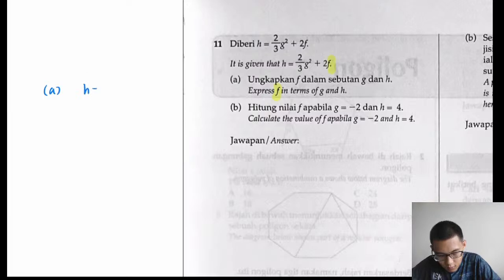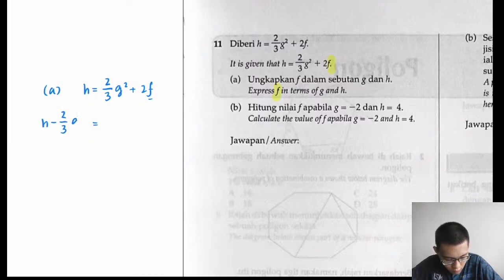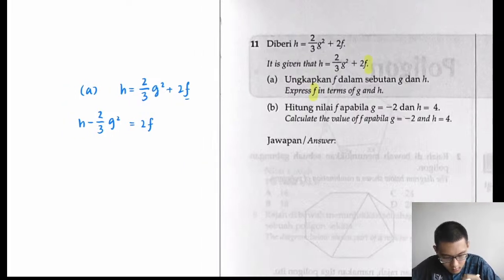So firstly, we write down the equation to prevent us confusing. So let's understand f is here. We can try to move the g squared to the other side. So there's h minus 2 over 3 g squared equals 2f. But when you try to move the f out to the other side, the answer would be quite complex because of the fraction in the fraction.